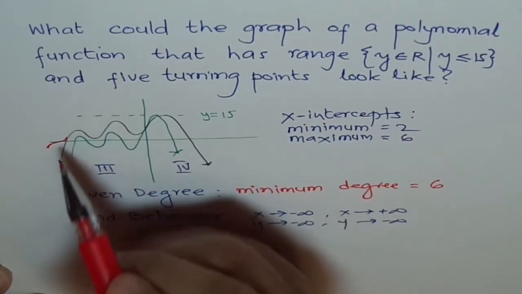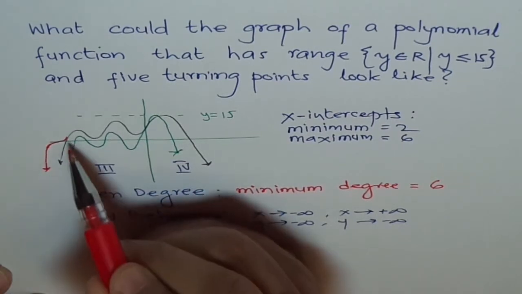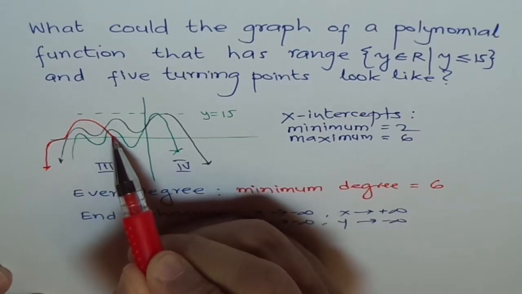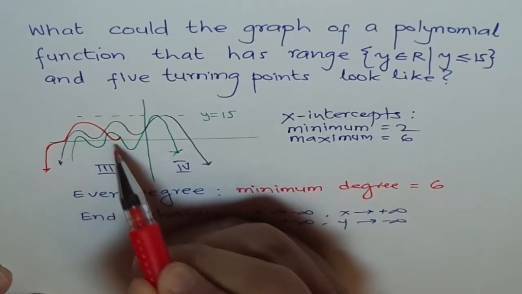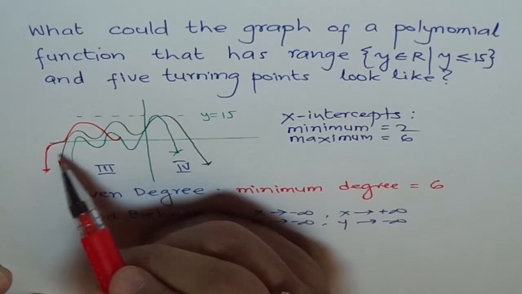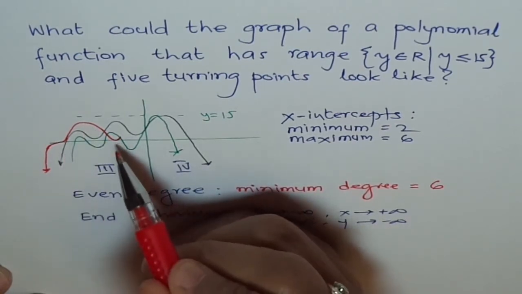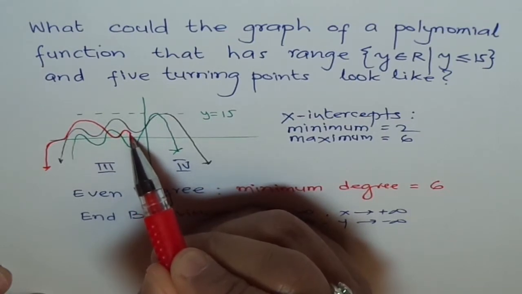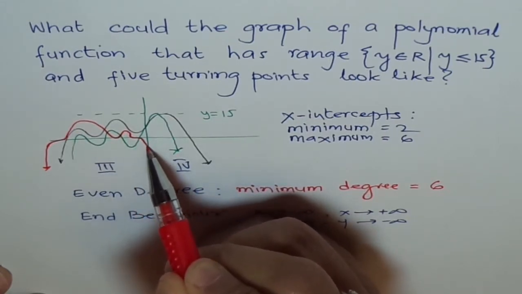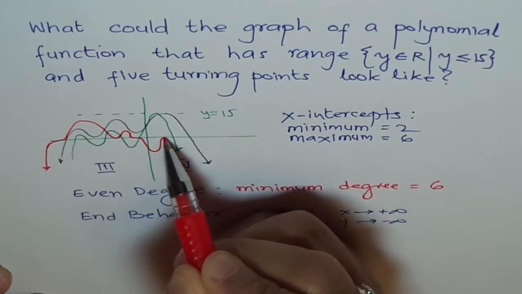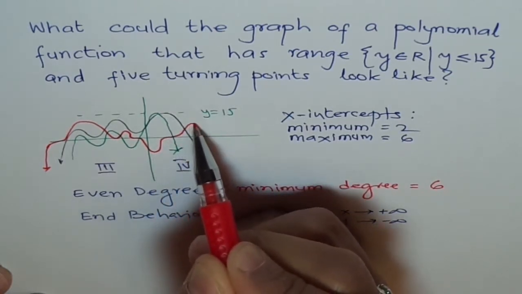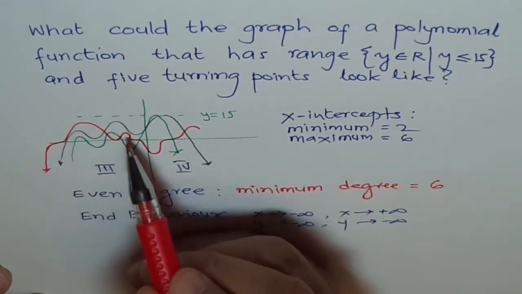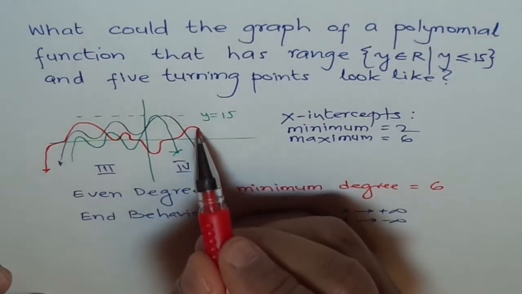So let's say that this is our end behavior, and we go up and come here, and this time we turn. This is also a turning point, right? So this is the first, and this is the second turning point. Now at the second turning point we come back and again hit with a degree 3. And here again we go like this. And then, see how many turning points there are? 1, 2, 3, 4 and 5.